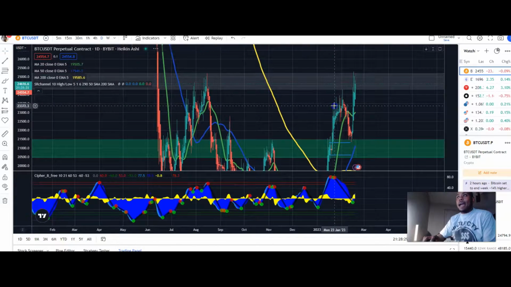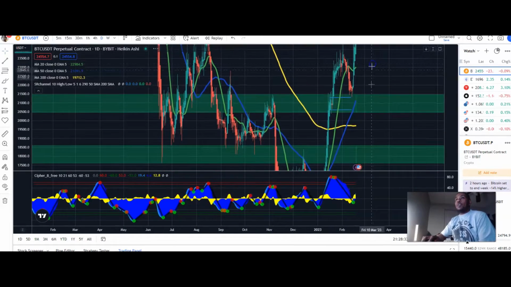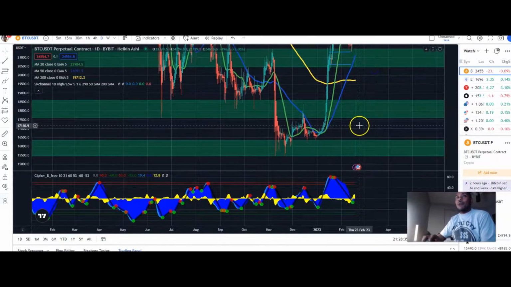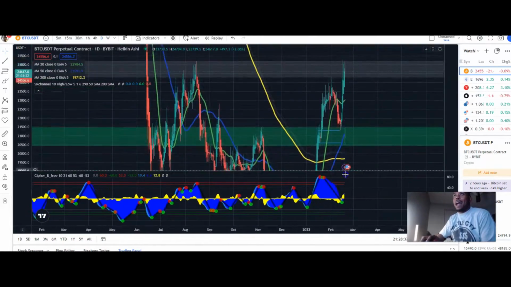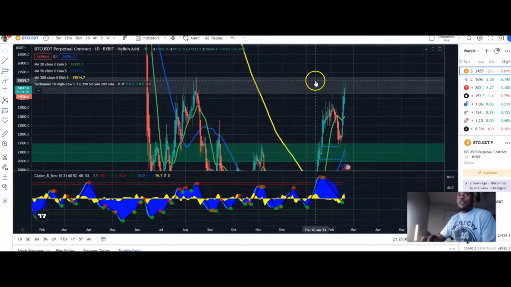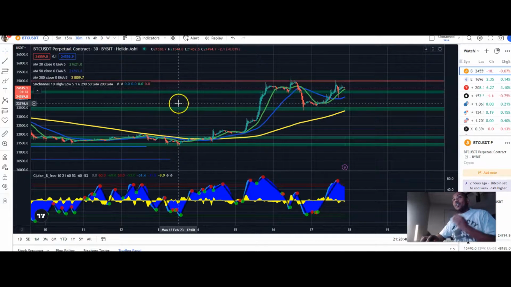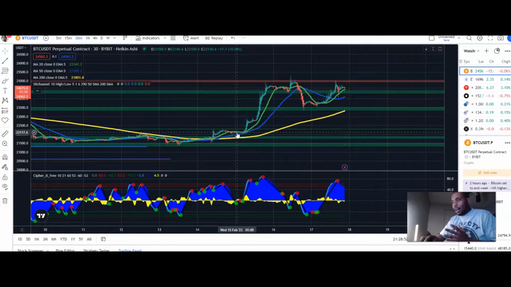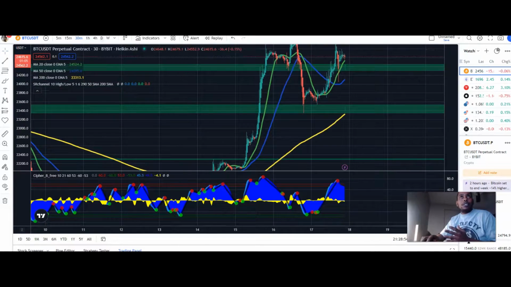Looking at the daily chart, even when this whole thing started at the bottom back when we were at 15, 16,000, we were already eyeing 25,000. So here today and this whole week, we've been hitting on this level.